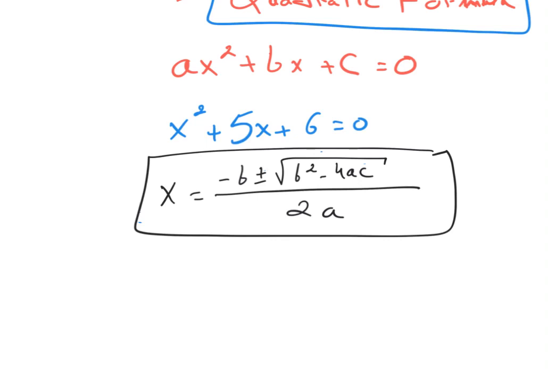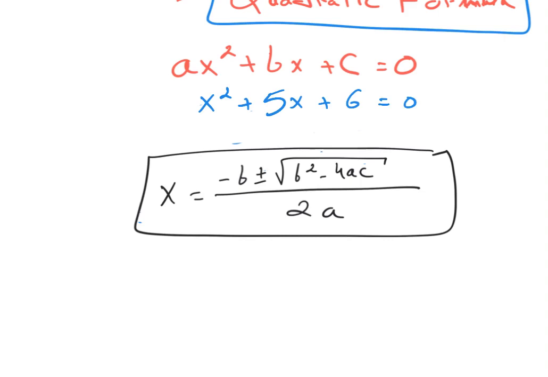Let me write this clearly here: ax squared plus bx plus c. The equation I want to solve is x squared plus 5x plus 6 equals 0, so I need to find a, b, and c.